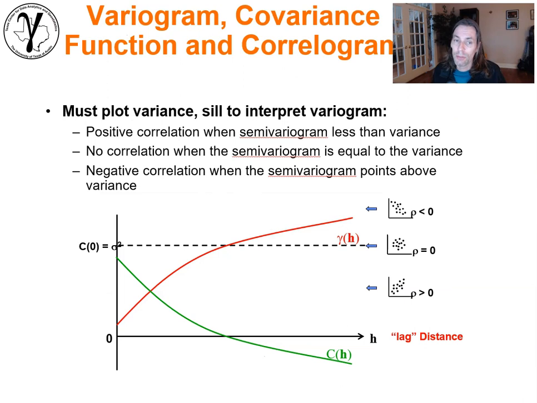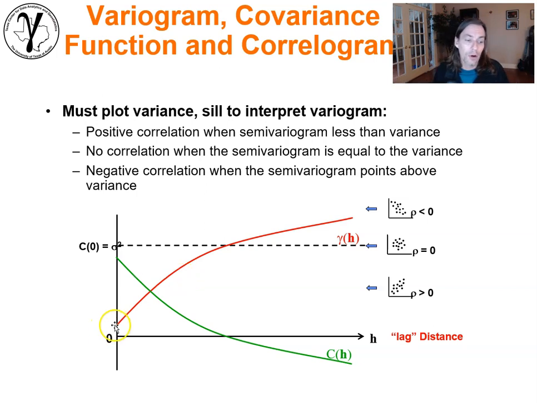And as I mentioned before, the 1/2 term assures us that we can calculate the covariance function as simply the sill minus the variogram. In other words, the covariance function is the variogram flipped upside down. Now this is super cool because the variogram is a measure of dissimilarity. The covariance function is a measure of similarity, and they're opposite of each other.